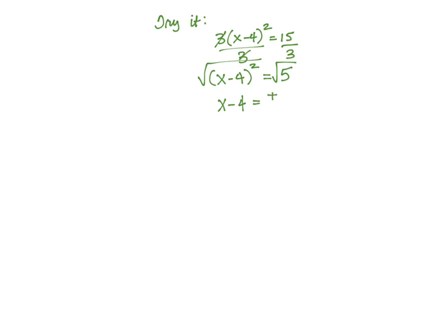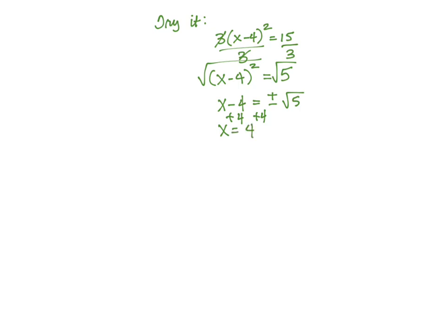Equals plus or minus the square root of 5, which is probably some number a little bigger than 2, not quite 3. Last thing I need to do before I can say I'm done: add the 4 to both sides. So our answer here is going to be x is equal to 4, right?